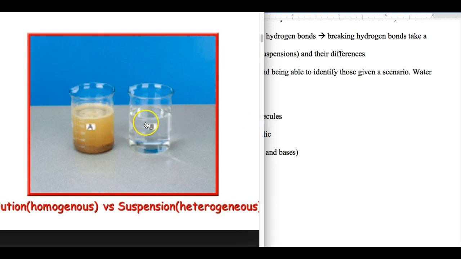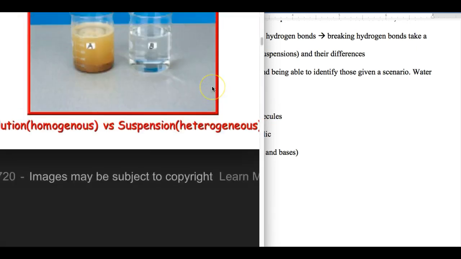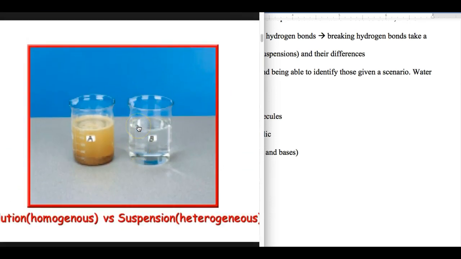What makes something a solution? A solution is made if water can dissolve whatever is put into it, or if you have other substances, they can dissolve each other. Remember, like dissolves like, right?